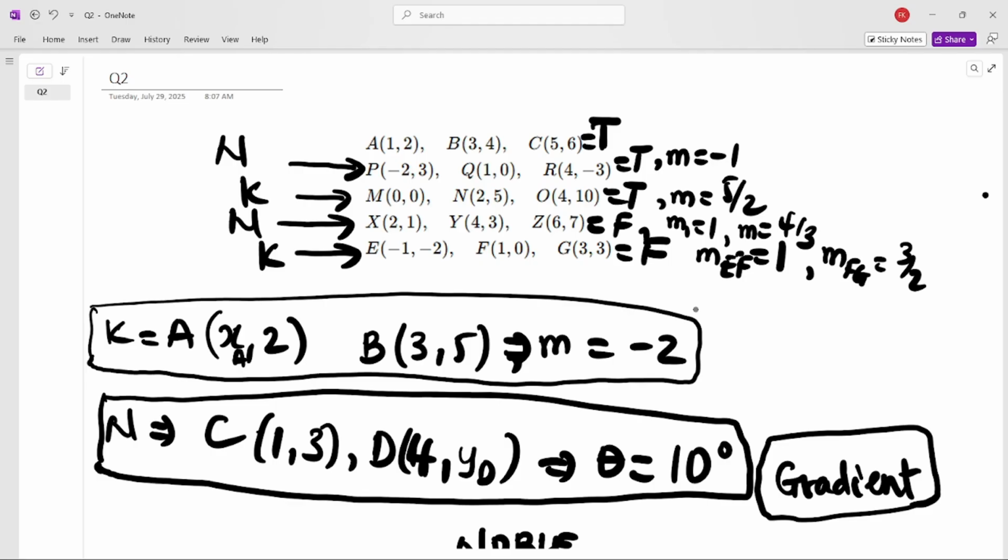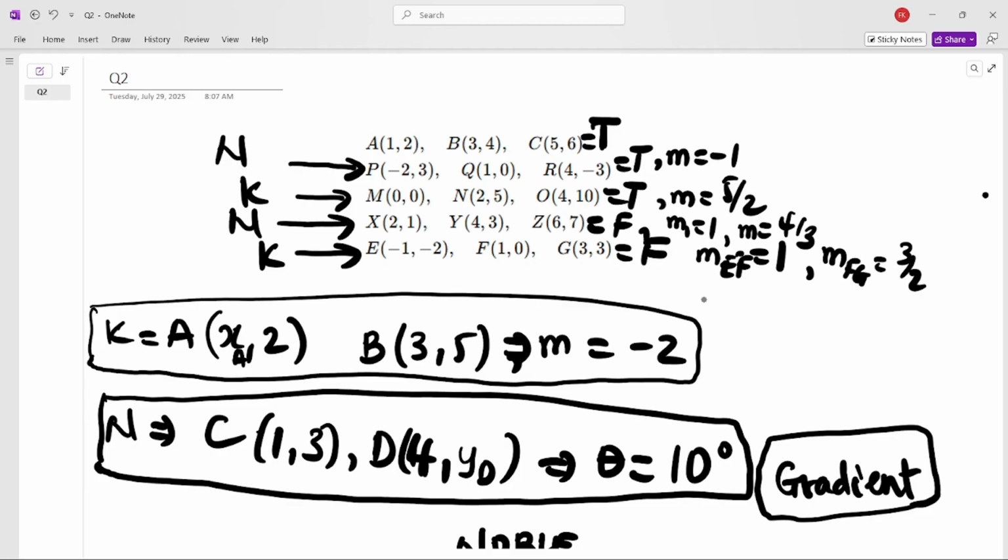When the gradient is less than 0, we use the formula theta is equal to tan inverse of the gradient plus 180. But when the gradient is greater than 0, we use the formula theta is equal to tan inverse of the gradient. And when the gradient is undefined, we take that theta is equal to 90 degrees.